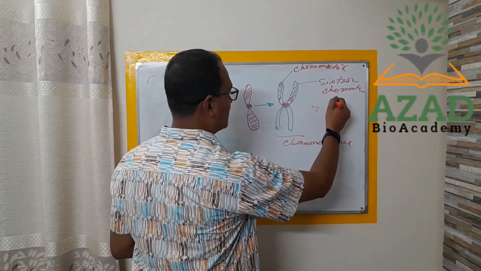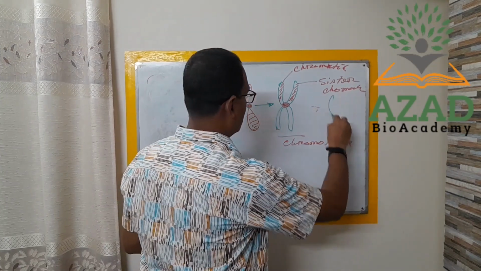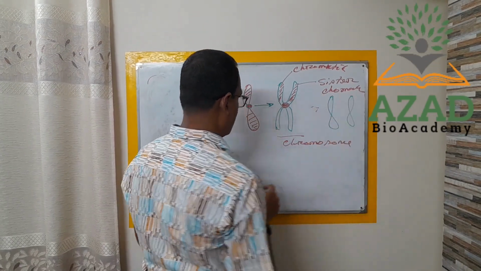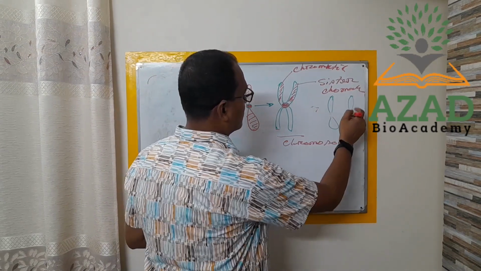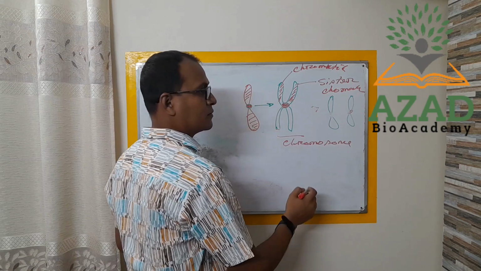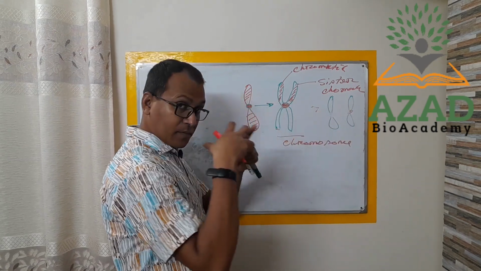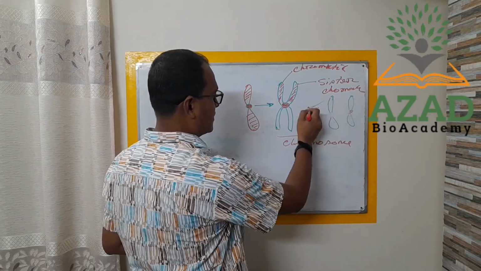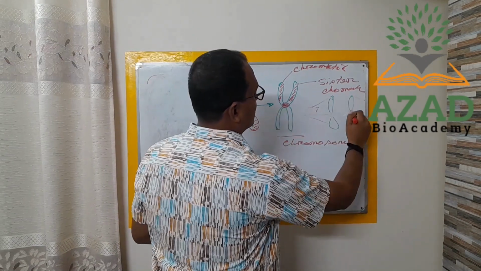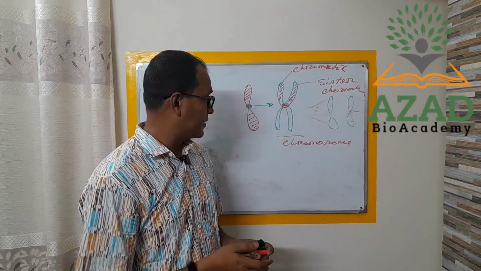How will it be separated? You can think like that. So this is a chromosome, this is another chromosome, separated, and then a spindle fiber will attach to the centromere, and then it will be separated by the cell division. The next topic we will cover.